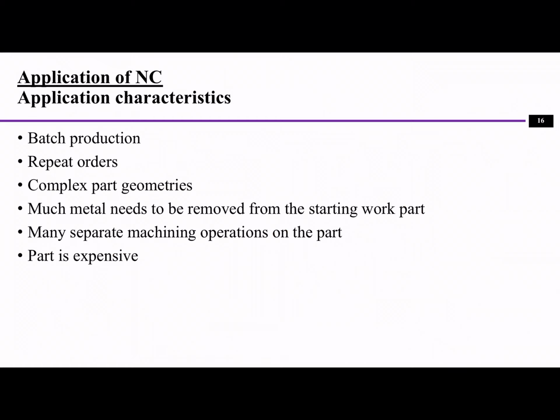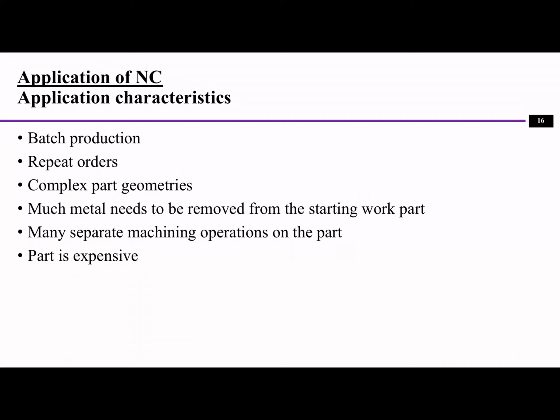So when do we use CNC machines? Usually, because they are automatic, they have the program and can just repeat work again and again. So it's a very good fit for batch production and repeated jobs.